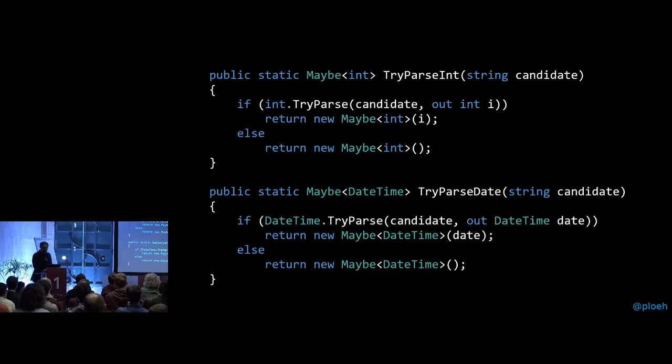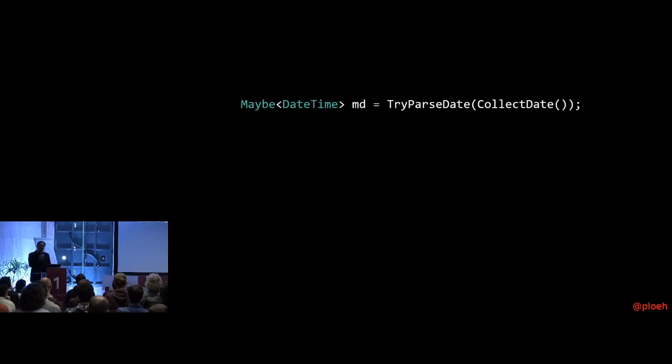So if you imagine that you have to write a little application that enables you to rent a car, the first thing you want to ask a user about is, you have a little method there called CollectDate, and when you call that, it's going to ask the user, okay, please input the date on which you want to start your rental, and then the user types in a date, and that's a string.